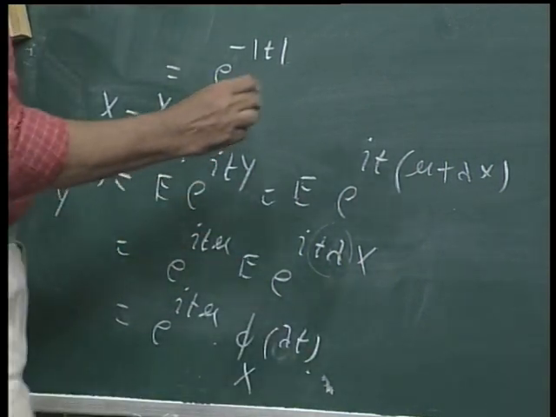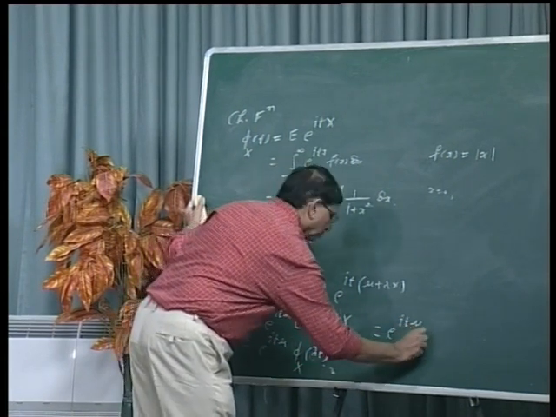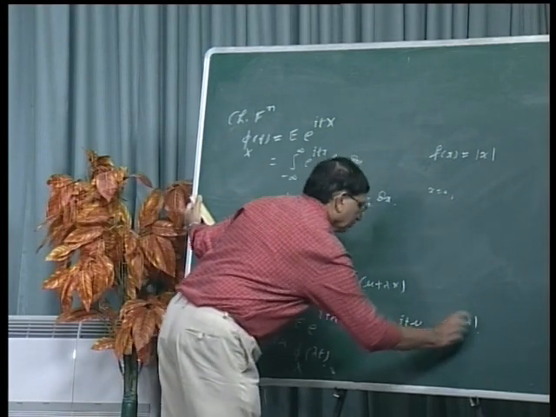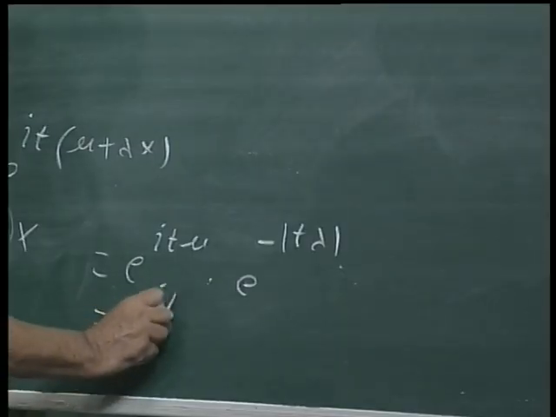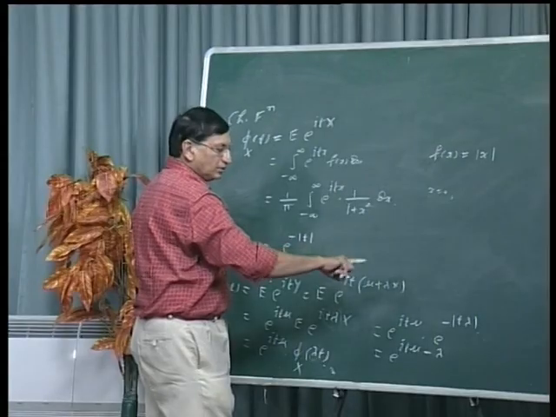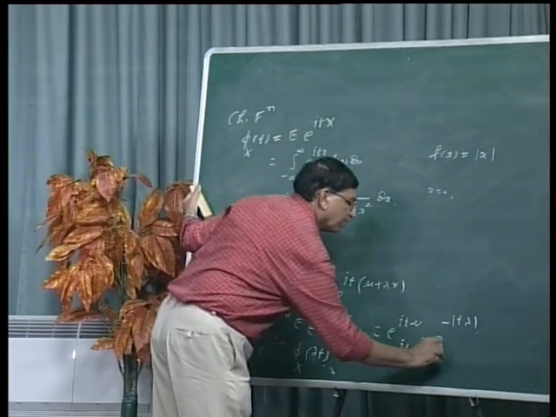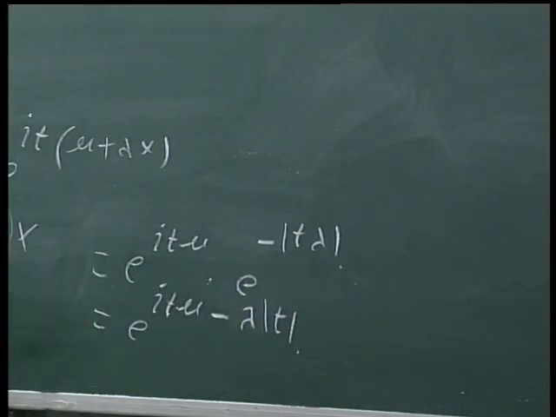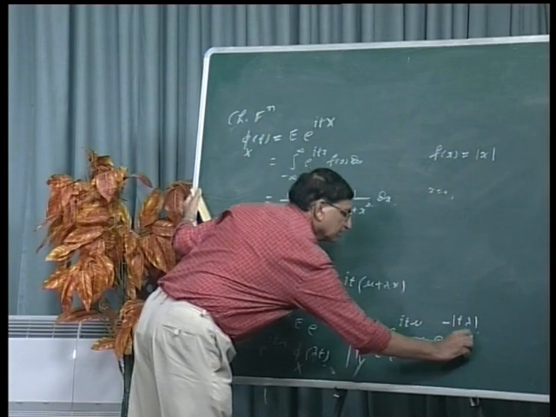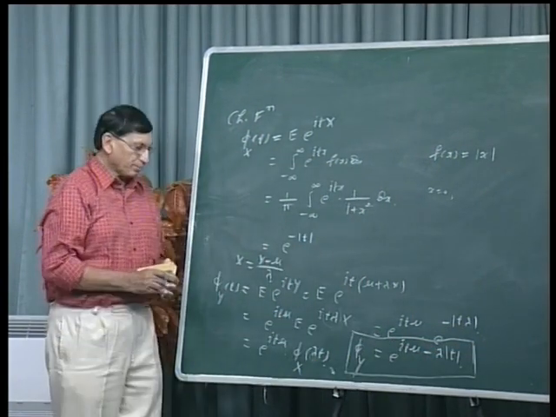So this is equal to e raised to i t mu into e raised to minus t lambda. So ultimately it is e raised to i t mu minus lambda mod t, since lambda is positive. Actually mod t lambda is mod t into mod lambda, but lambda is positive, so mod lambda is lambda into mod t. So this is the characteristic function of Cauchy variate with parameters mu and lambda.